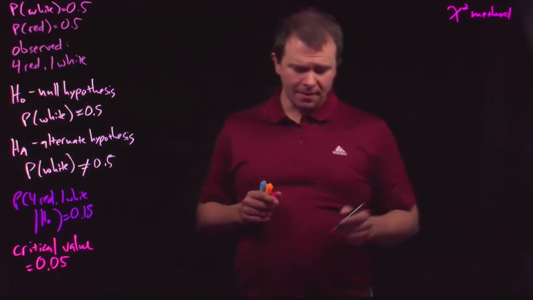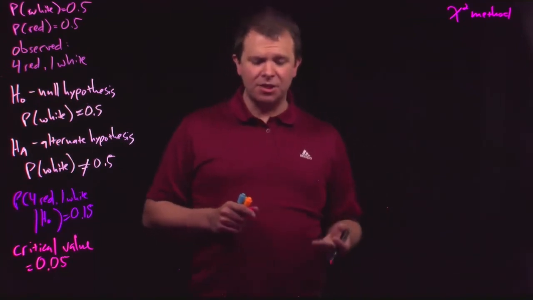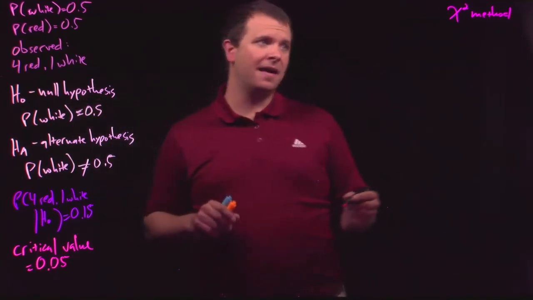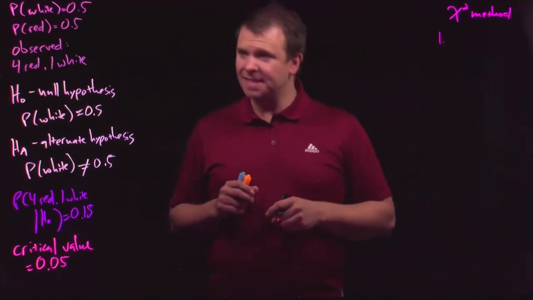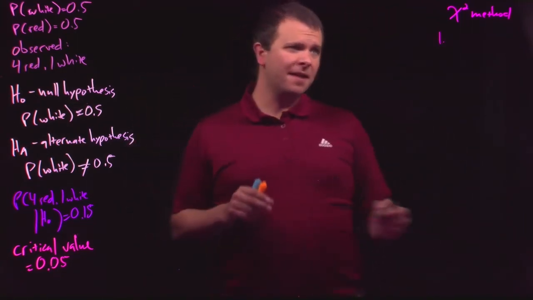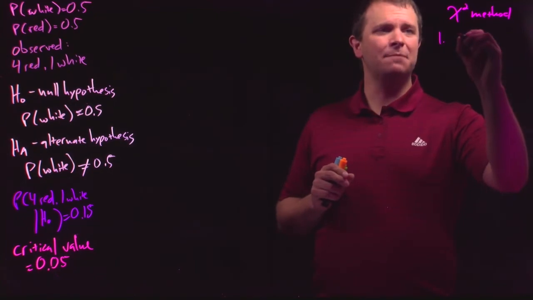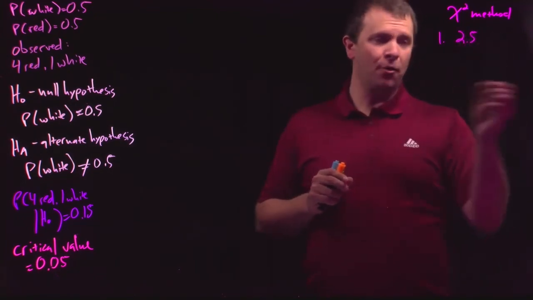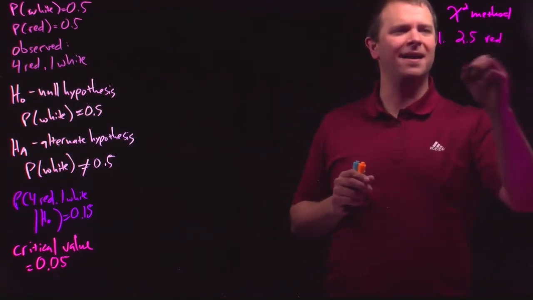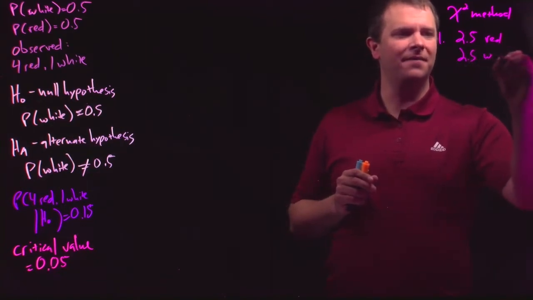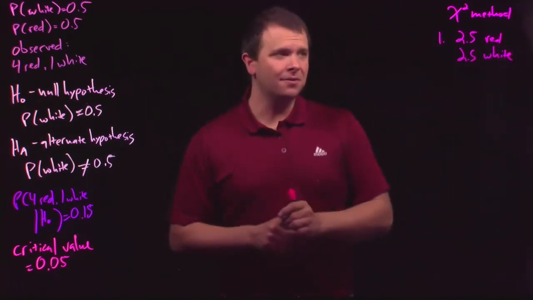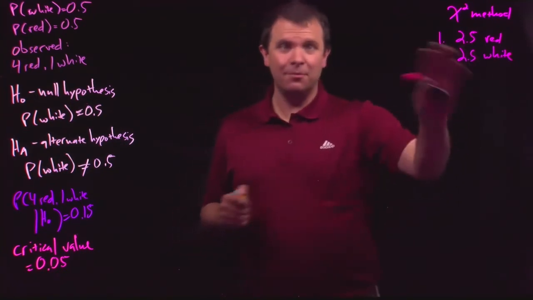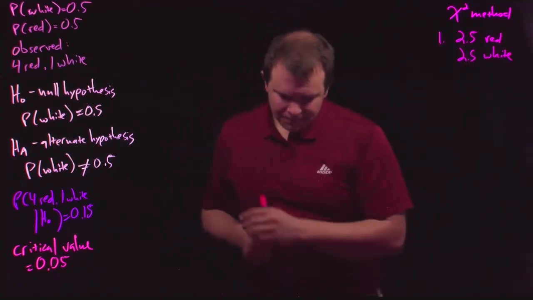First, we predict the observations that we would see if the null hypothesis were true. And so in this case, observing five flies, we would expect to see 2.5 of them to have red eyes and 2.5 of them to have white eyes. And yes, in this particular instance, a decimal is okay.